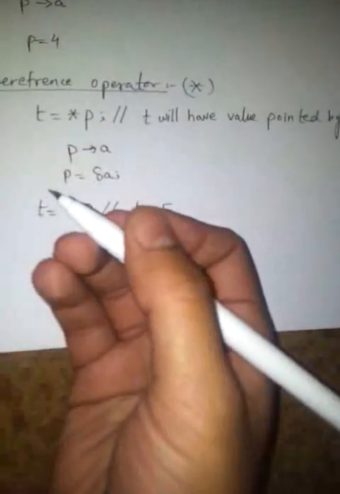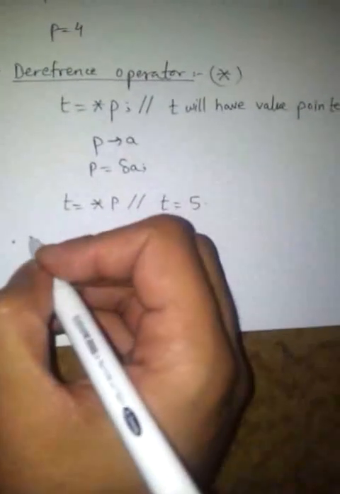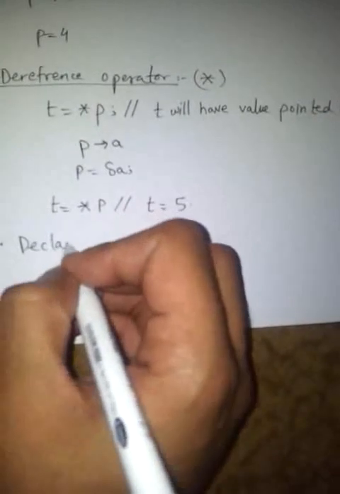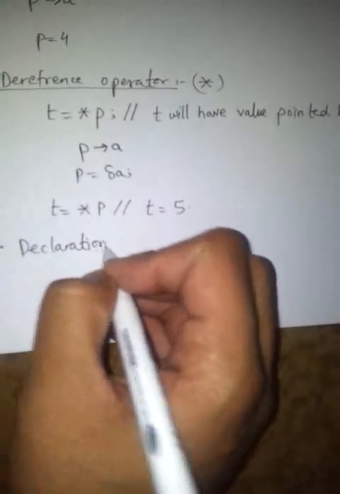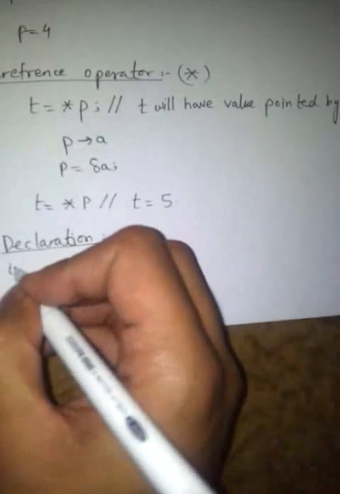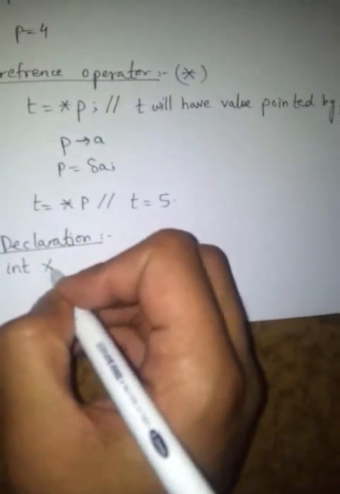Now, how do we declare pointer type variables in C++? It's declared something like this.